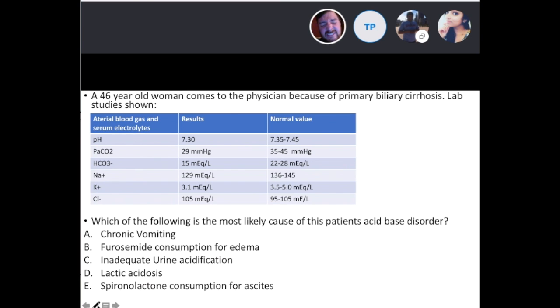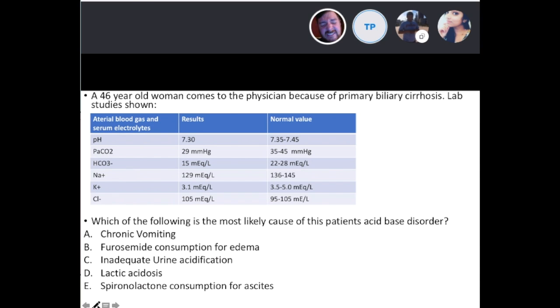So we want to take 129 minus 105. It's 24. 24 minus 15 is 9. So normal is 8 to 12. So we got a normal anion gap, so not MUDPILES, we got to go with HARDASS.